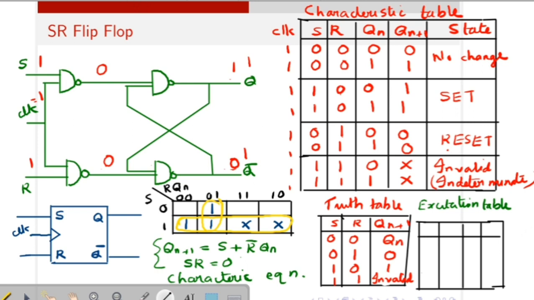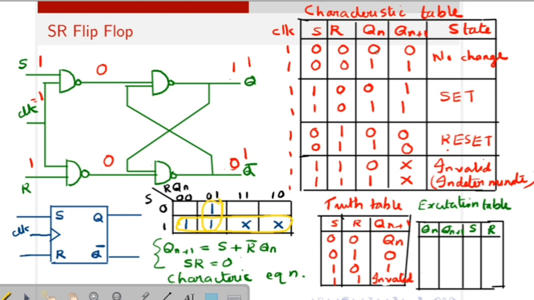Right? So here the inputs are Qn and Qn plus 1 and outputs are S and R. Okay. So here take the value from the characteristic. We can derive the value from the characteristic table.